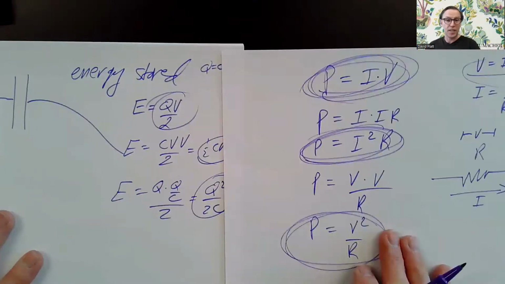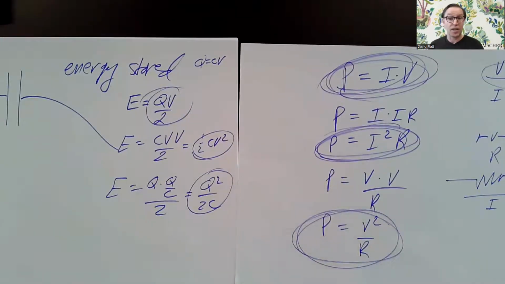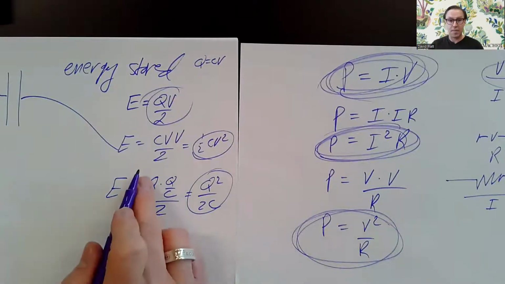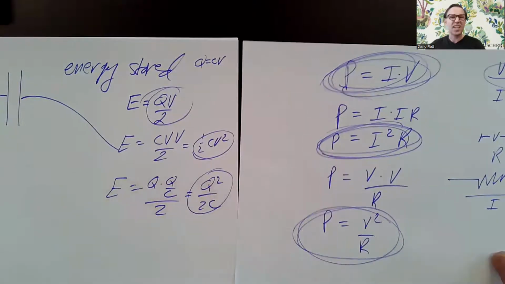So feel free to set those next to each other in your notes, recopy these onto this page if you want. And it was a lovely review of what power is. Okay, and now all I'm going to do is a couple example problems for you. So here's an example problem.